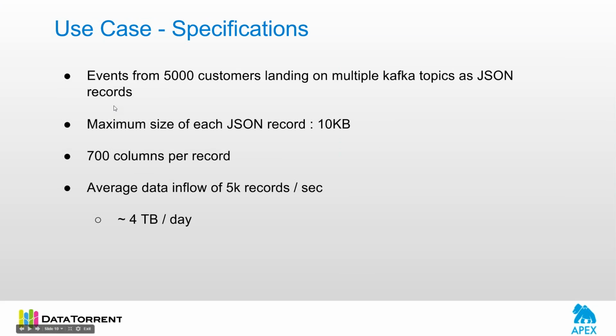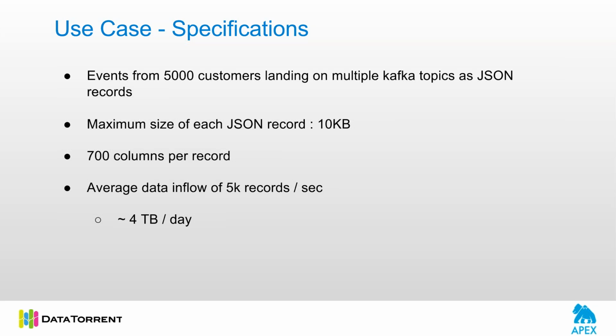All right, let's go through some of the specifications of this use case. In this use case, as I mentioned, we collect data from a lot of e-commerce websites. We had events coming in from 5,000 such customers, and this data was accessed through Kafka. Each record was a JSON record.